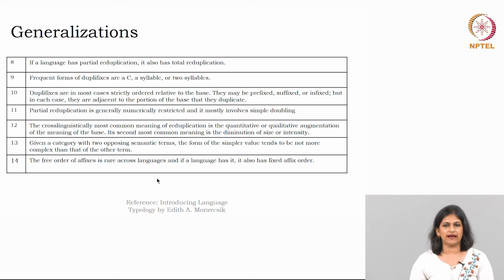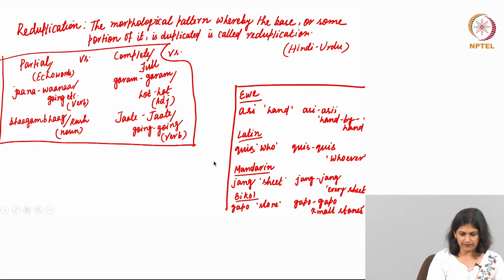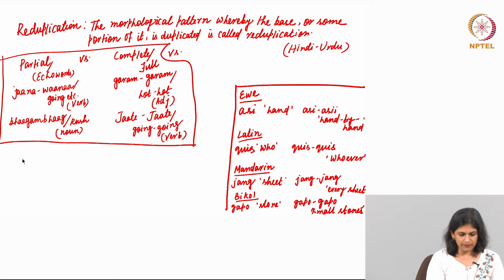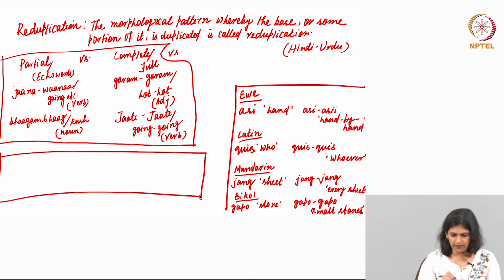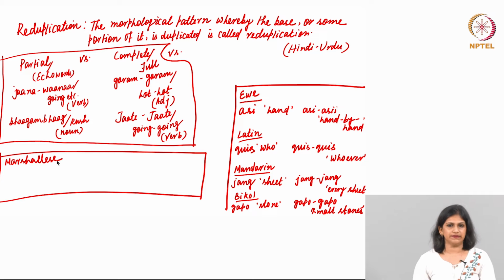For example, a language like Marshallese, this is again the data from Moravcsik's book. I am drawing another box here for you to understand. So, this is the language Marshallese. In this language, it is sometimes not very clear whether this is partial or full reduplication.